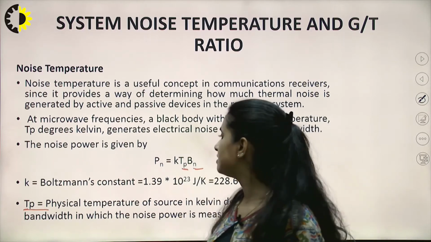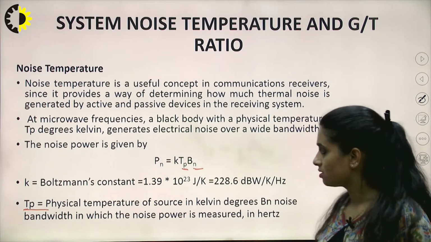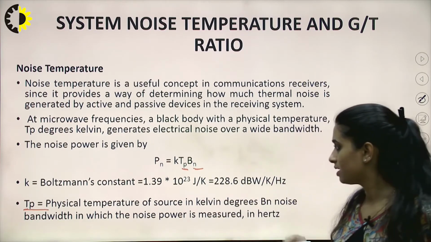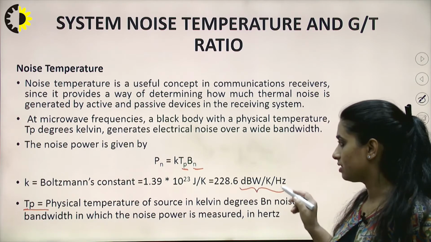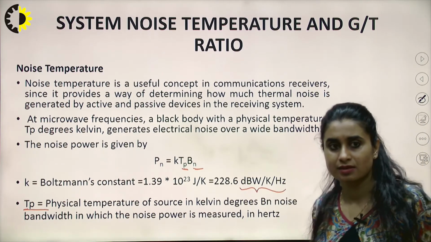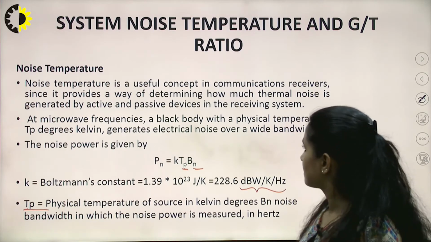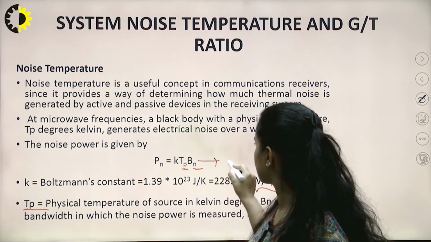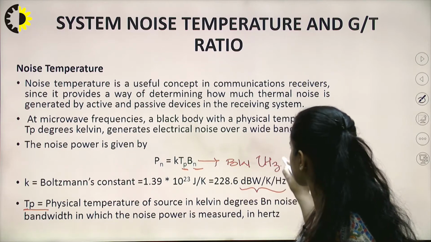And K here is the Boltzmann constant, whose value is written here, 1.38 into 10 to the power minus 23 joules per Kelvin. It can be calculated in decibel watt per Kelvin per hertz as well, right? Bn is the noise bandwidth, which is in hertz.